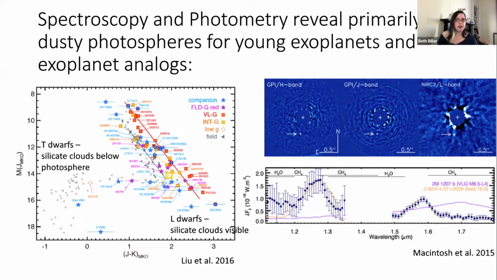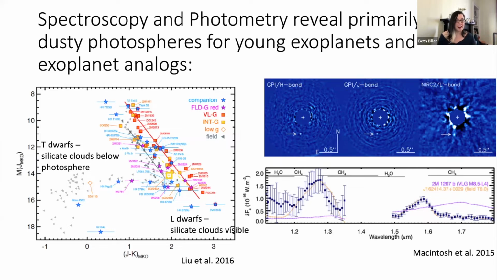That's been attributed to silicate clouds in their atmospheres, mostly because that's the easiest explanation for these red colors. As a given object cools over time, eventually these clouds break up or fall below the photosphere, and you move to this bluer end of the sequence. These are our T dwarfs. At this point, you also get cool enough that methane starts to dominate over carbon monoxide in the molecular features detected in these atmospheres.